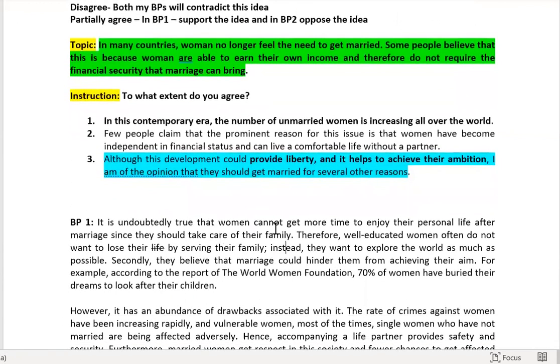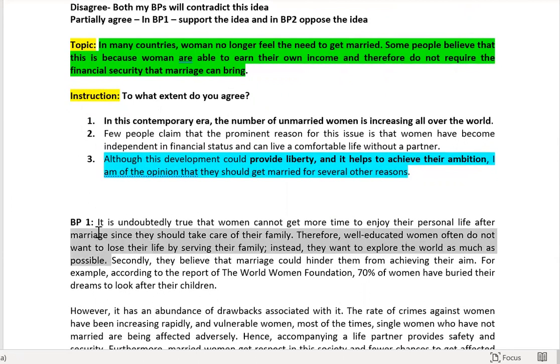It is undoubtedly true that women cannot get more time to enjoy their personal life after marriage, since they should take care of their family. Therefore, well educated women often do not want to lose their freedom, we can say, by serving their family. Instead, they want to explore the world as much as possible.